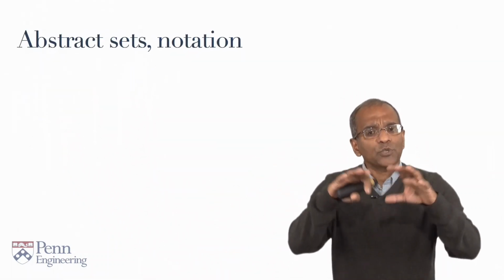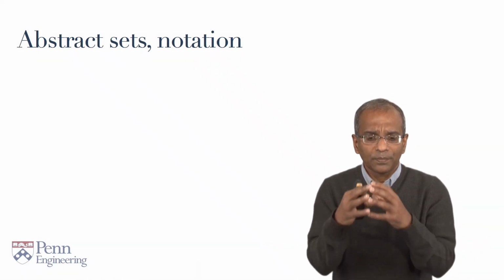Thus far, we've seen various examples of sets, collections, which arise in various kinds of applications. It'll be useful to have in mind a generic abstract set on which we are going to be pinning our analysis. And so let's begin by thinking about some abstraction for all of this.